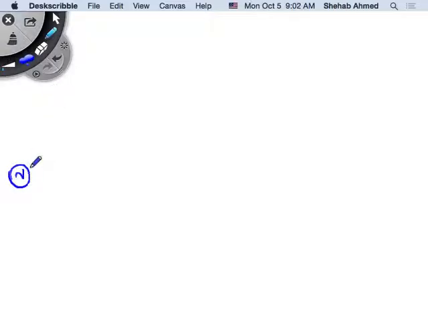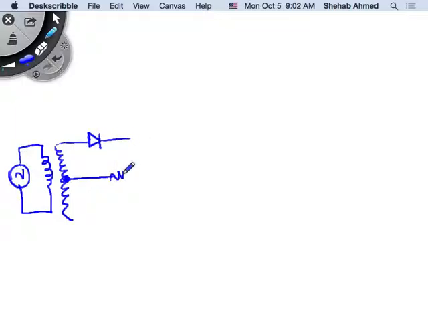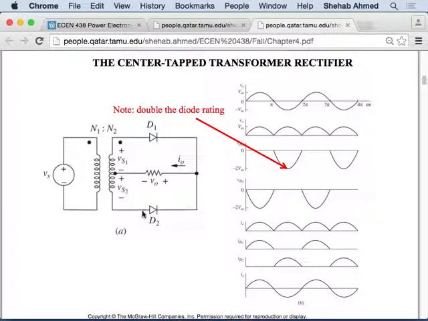We have a source here, and we have a transformer that we have center tapped. They can basically place the tap at the middle of the winding. And this is diode 1 and diode 2.